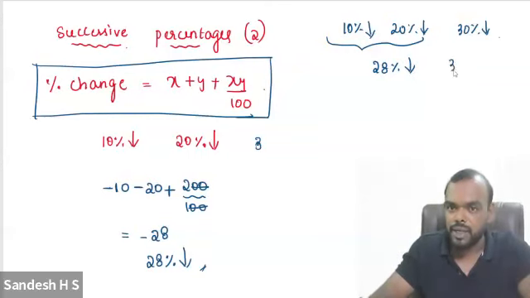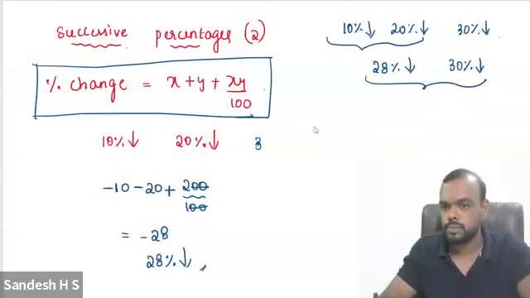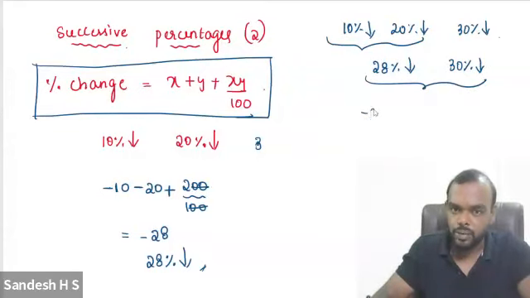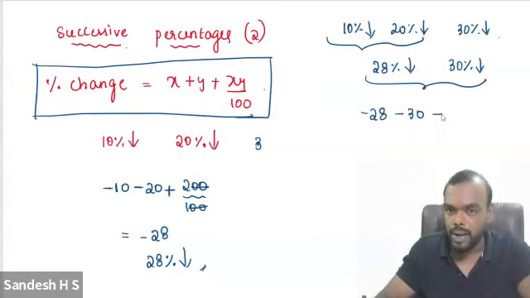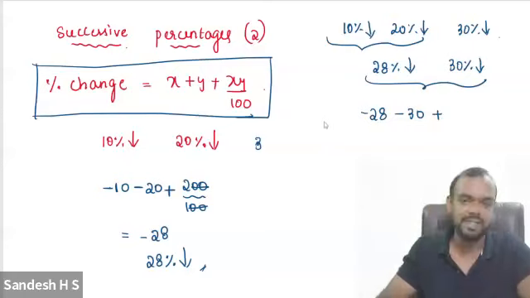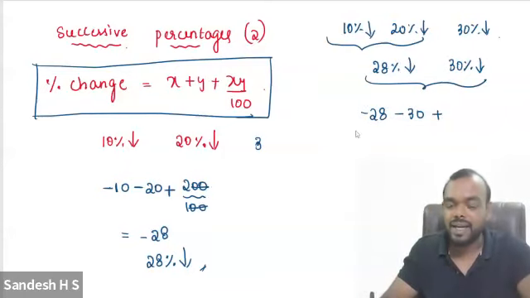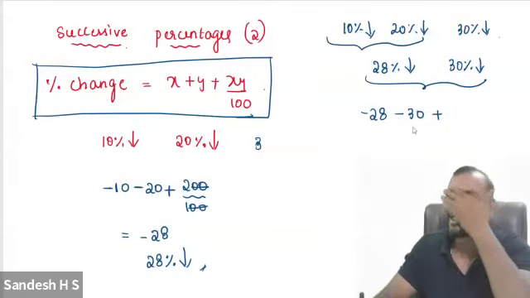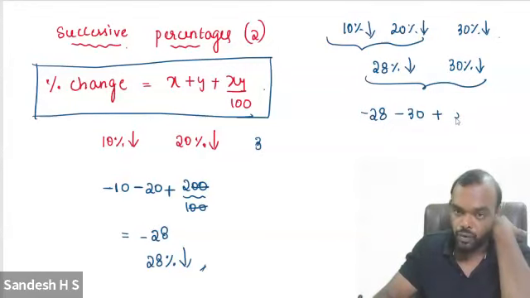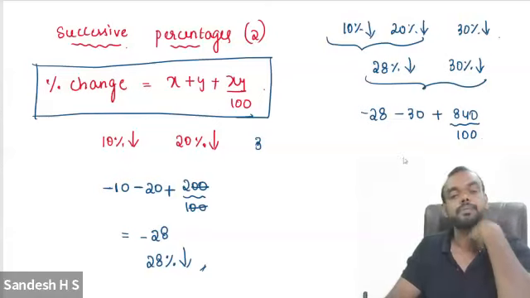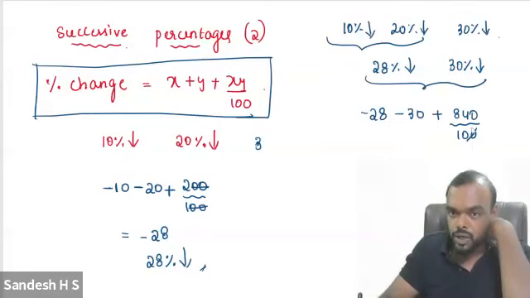Bring the third one here. Now apply the formula for these 2. X value minus 28, y value minus 30. X into y, minus into minus is plus. 28 into 30. How much? 84, 840. 840 divided by 100. Okay. 0, 0 cancel.